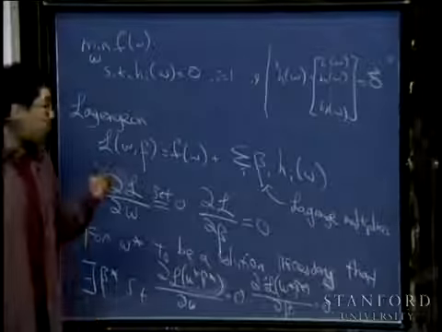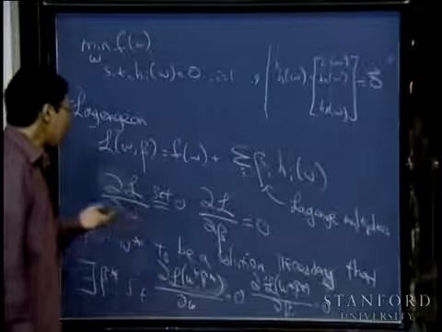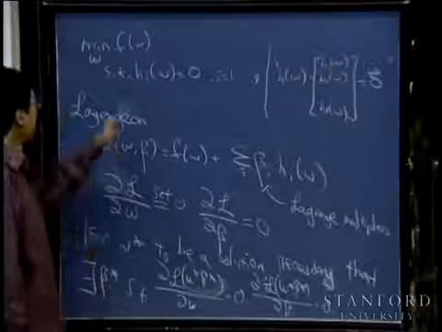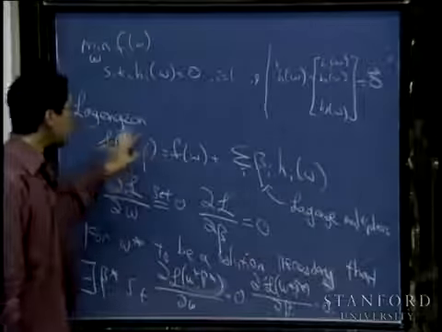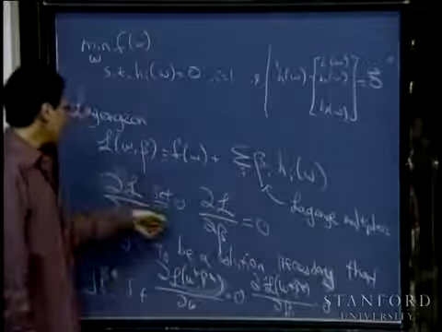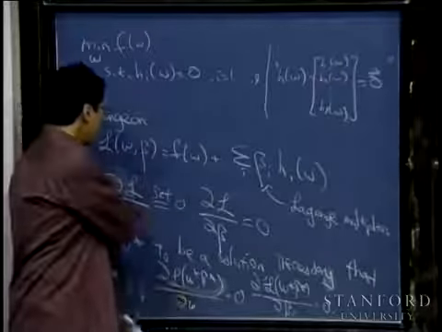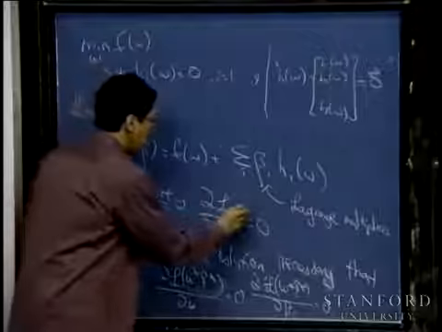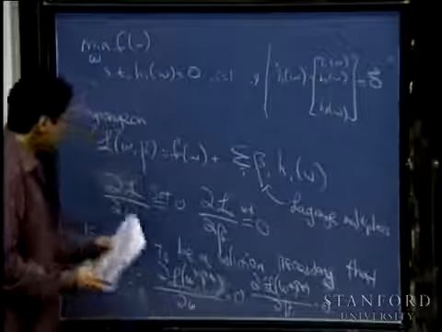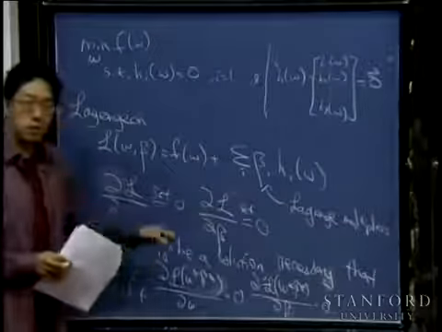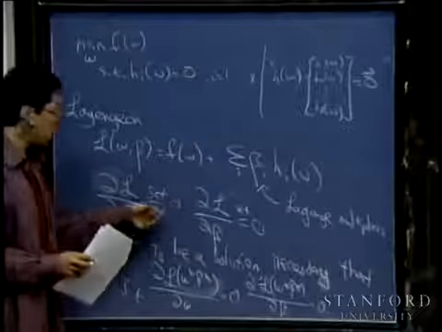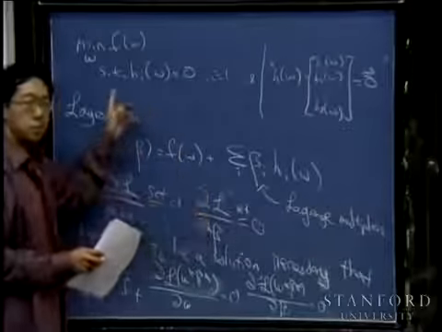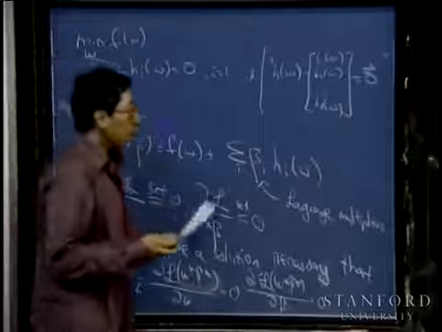So the method of Lagrange multipliers to solve this problem is, you construct the Lagrangian, take the derivatives with respect to the original parameters w, and with respect to the Lagrange multipliers beta. Set the partial derivatives equal to 0 and solve for all solutions, and then you check each of the solutions to see if it is indeed a minimum, right?